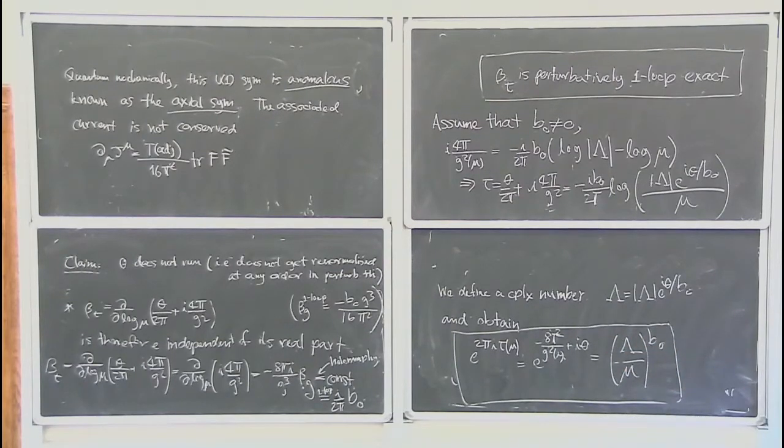Who can tell me what this phenomenon is called? Dimensional transmutation, correct. Why? I changed the dimensionless coupling to a dimensionful quantity. Exactly, thank you. So this is dimensionless, but now a dimensionful quantity appears, so you trade it.